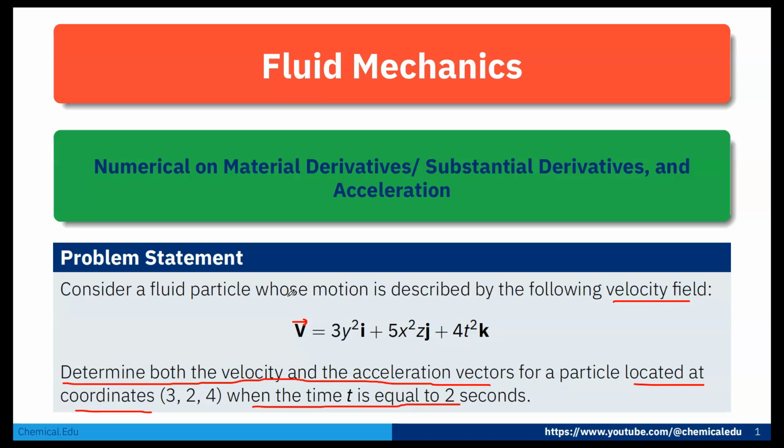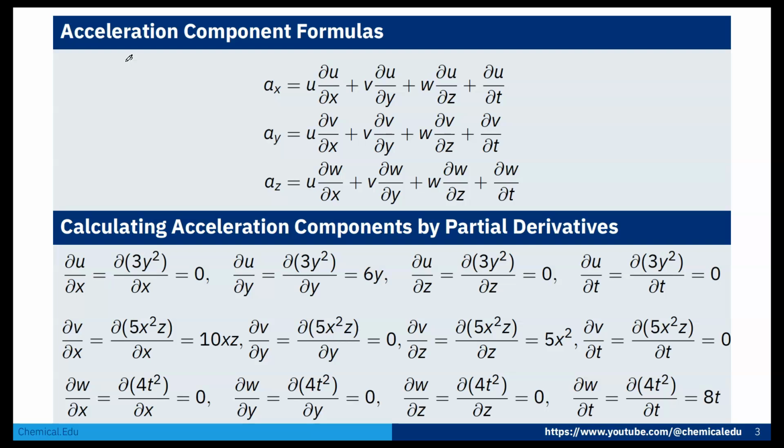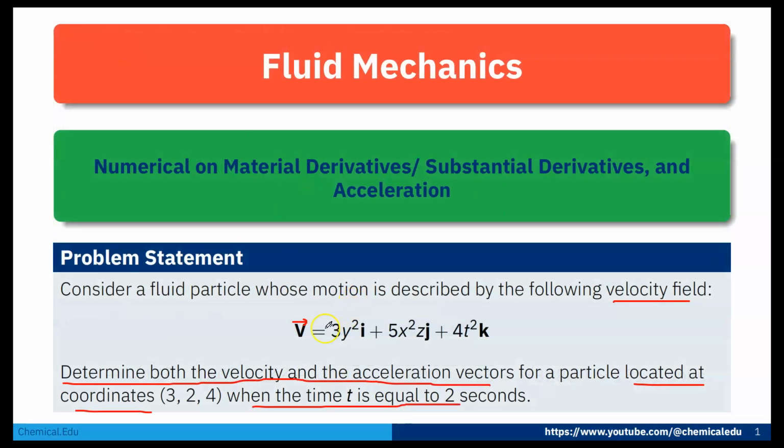Now here the velocity vector is given, that is 3y² i plus 5x²z j plus 4t² k.